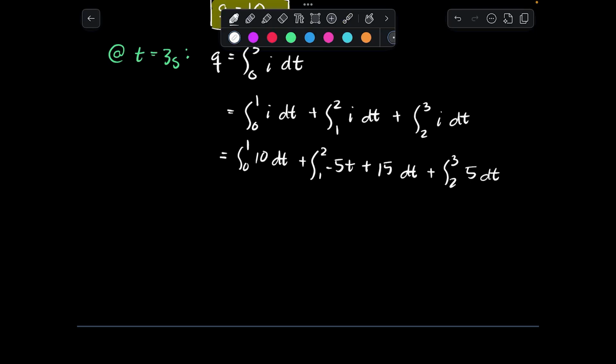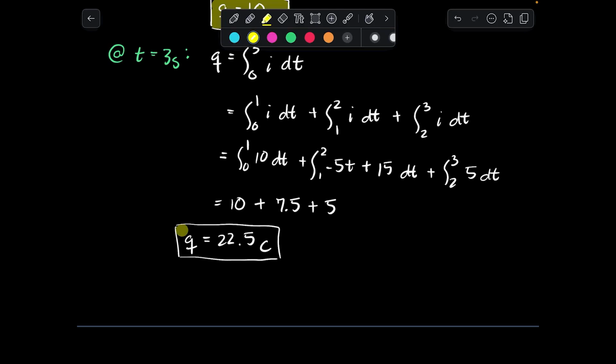Shares the same equation. I'll let you go ahead and solve for the value of these integrals. And in the end, we get 10 plus 7.5 plus 5. Therefore, we have a value of 22.5 coulombs total charge from 0 to 3 seconds.